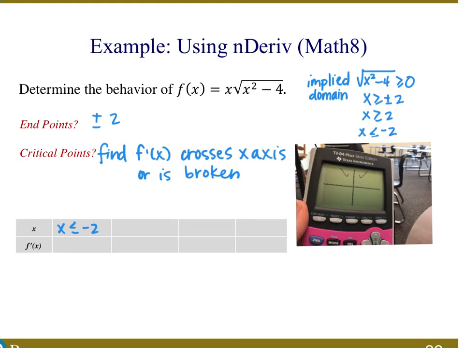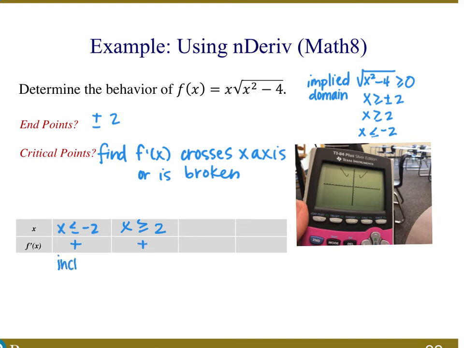And so we've got the section x greater than or equal to positive 2. Now this is above the x-axis. It's positive because the thing I'm looking at is above. And it still is above the x-axis.